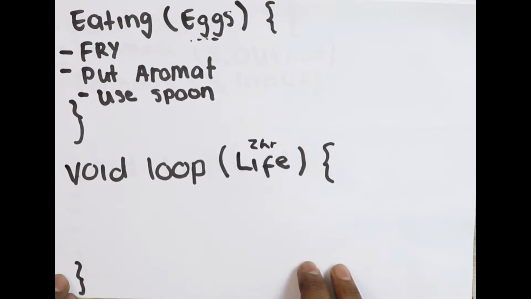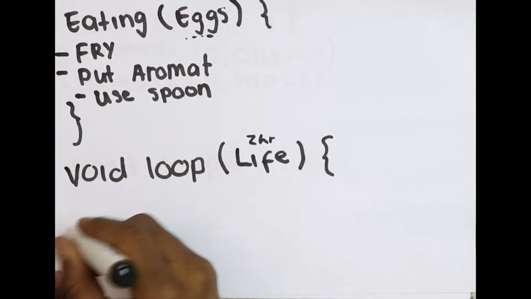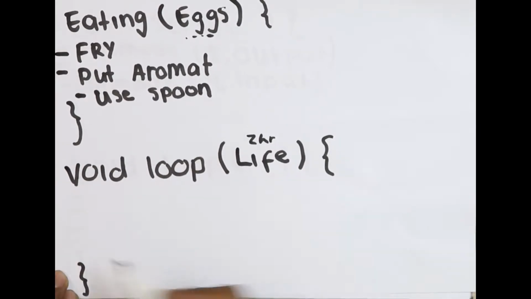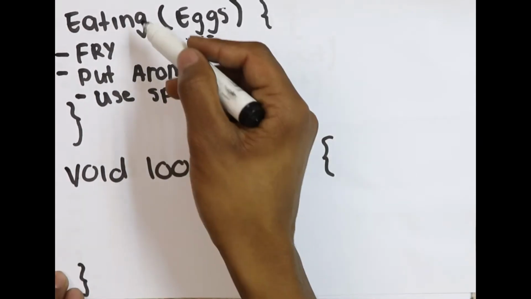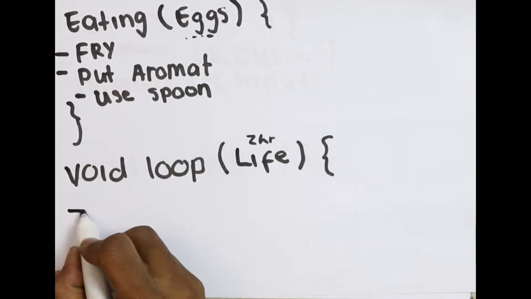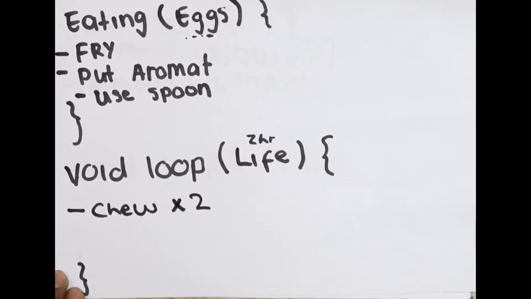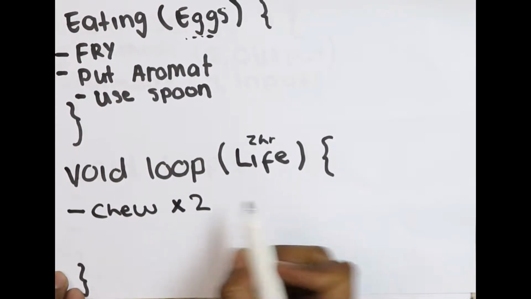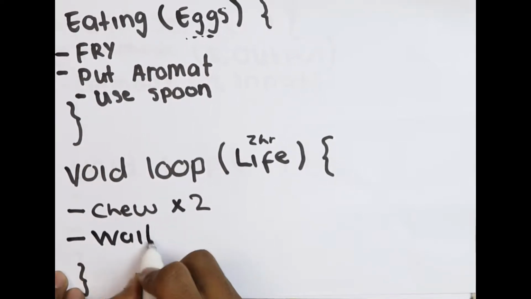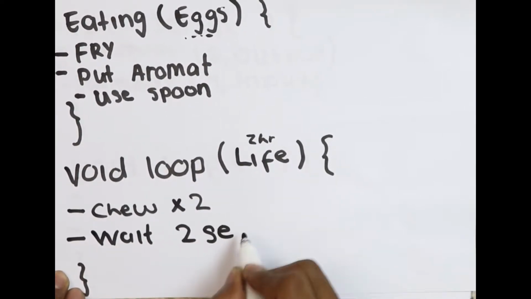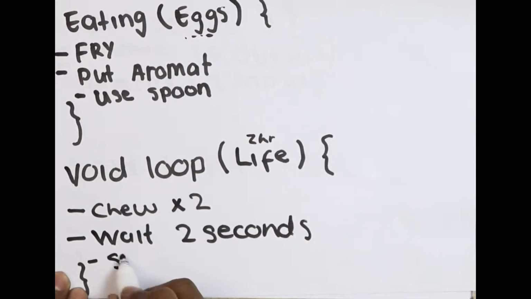Then after this, I can just tell you maybe, okay, fry the egg, put aromat, and then use a spoon. And then after this, maybe I can also specify further instructions. So while you are in this eating phase, maybe I want you to chew 2 times, and then I want you to wait 2 seconds, and then afterwards I want you to swallow.